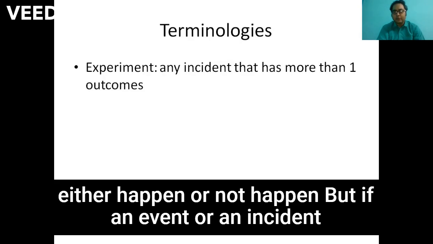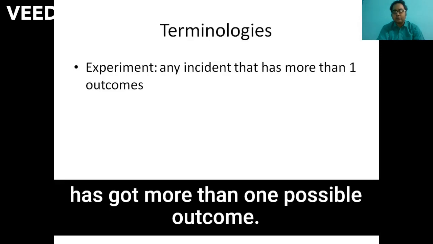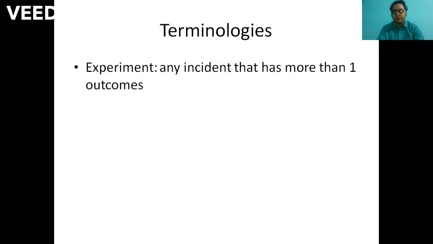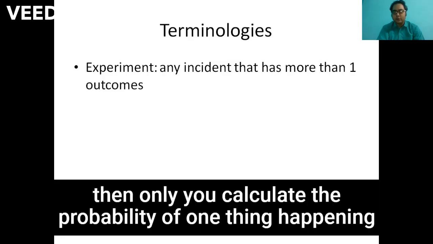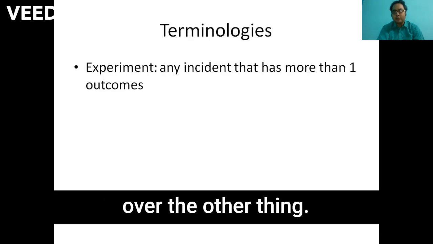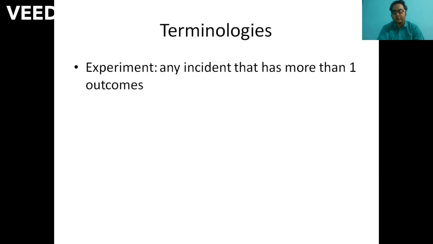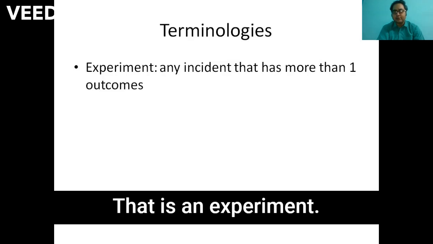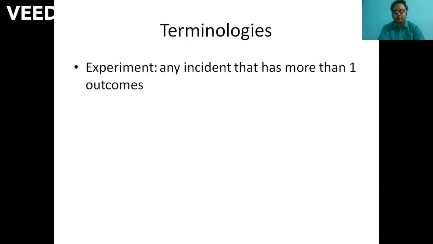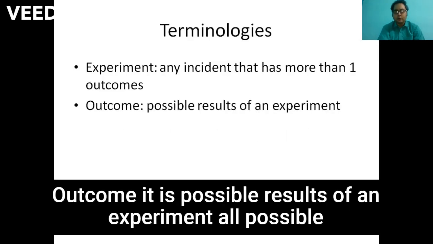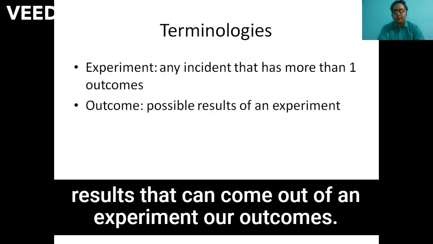But if an event or an incident has got more than one possible outcome, then only you calculate the probability of one thing happening over the other thing. So that is an experiment. Outcome. It is possible results of an experiment. All possible results that can come out of an experiment are outcomes.